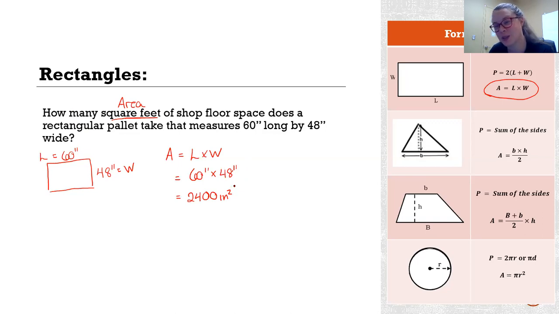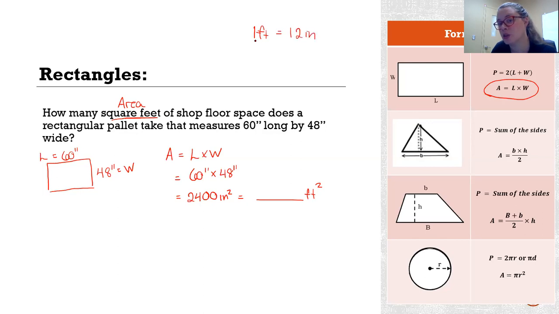I'm going to give you 2 ways to do this. If you don't remember this right off the top, we're going to do this a couple times, but I'm going to give you 2 ways to convert. We need to go from inches to feet squared. Normally, if you were going from inches to feet, you divide by 12, because we know 1 foot is equal to 12 inches.